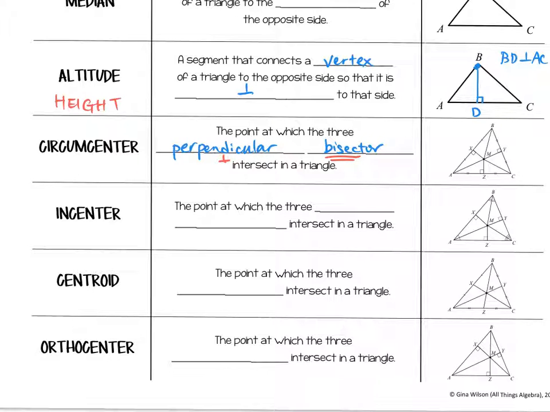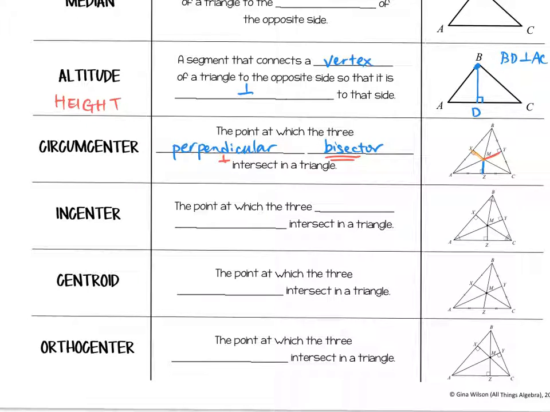In this example, I have MZ that cuts AC in half, and it's perpendicular. Then I have MY that cuts BC in half, and it's also perpendicular. And then finally I have MX, in gold, that's perpendicular and cuts the side in half.